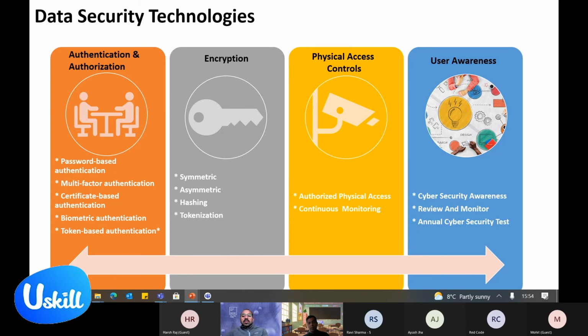One of the most important things, which I will show you in the next slide, is why user awareness is required for data-centric security. User awareness is one of the most important things.